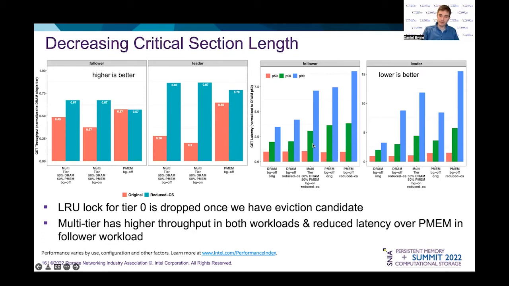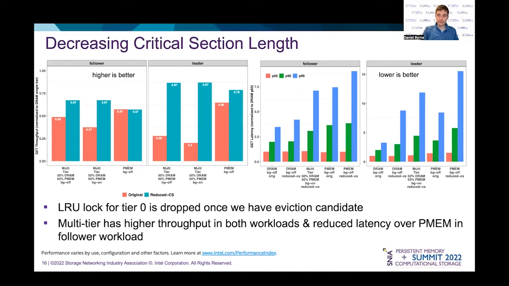So one thing to note here is that we are seeing higher P99 latency with our reduced critical section implementation. So there is still something pathological that's going on there at the 99th percentile that we've added in that we need to investigate further. But our initial results look pretty good.